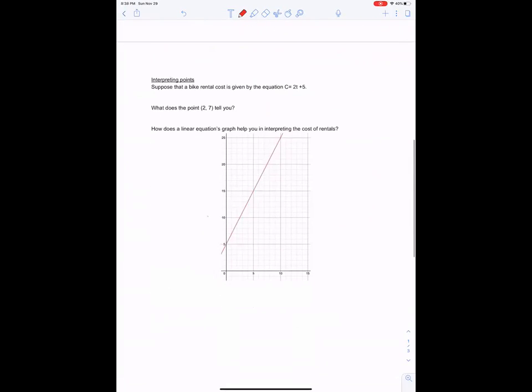Next, suppose we don't even have the sentence. We're just given right away a cost equation: C equals 2t plus 5. The rental of a bike is a cost, and I'm going to assume that t equals number of trips. So this could similarly be y equals 2x plus 5.